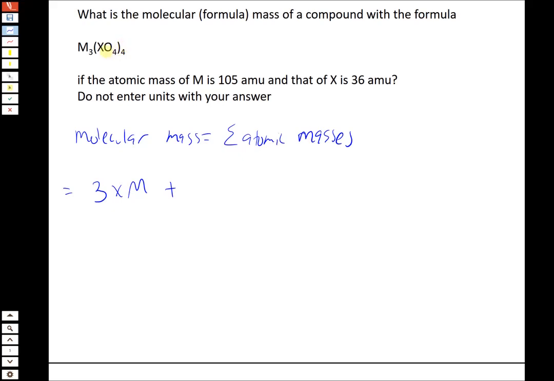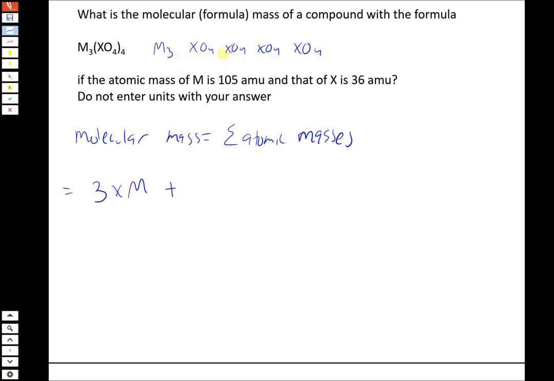So again, what that means when we have a polyatomic ion in parentheses is we have M3, and then that's going to be paired with 4 XO4s: XO4, XO4, XO4, XO4. Writing it out in more detail, that's the formula of the compound. 3 metals and 4 XO4s.